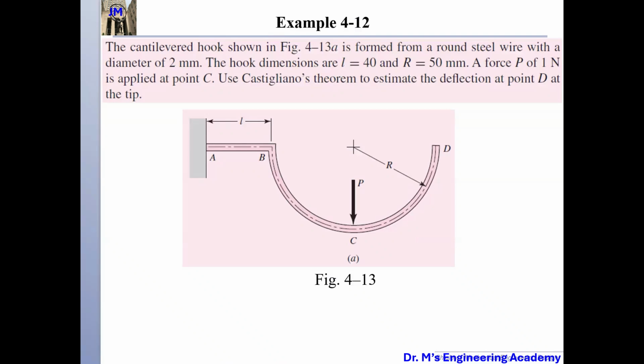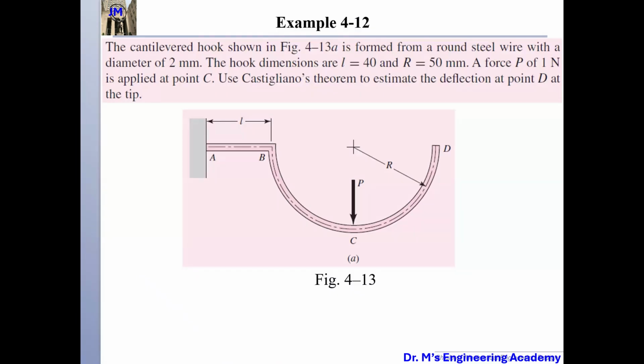And also, we are asked to calculate the deflection at point D, right? But at point D there is no force. What should we do now? We use a fictitious force.